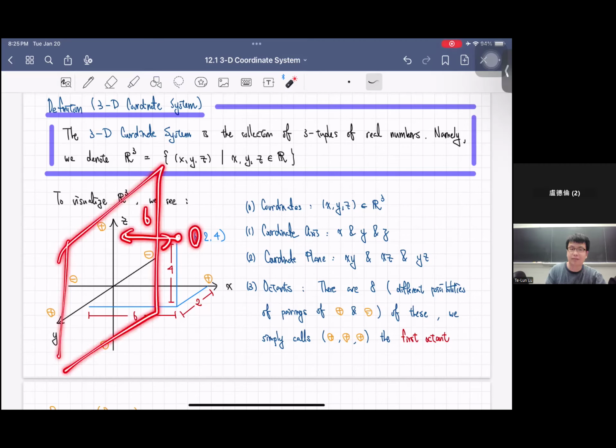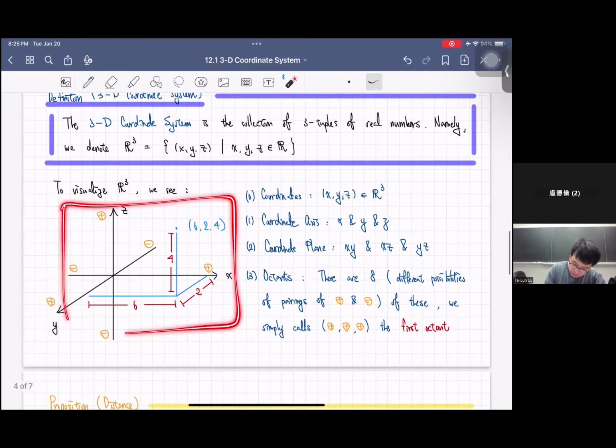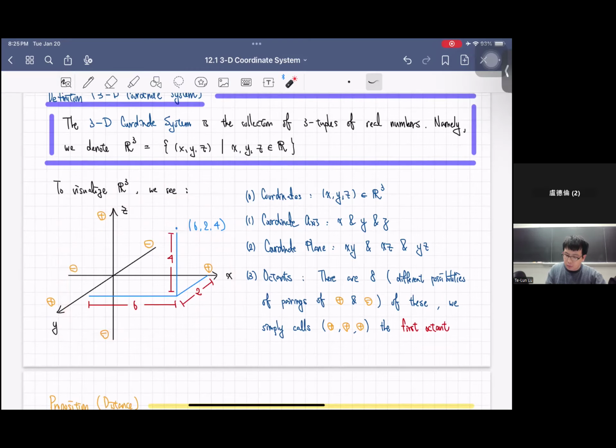Okay, this is 6, right? And similarly, the y-coordinate is the distance of this point to the xz plane. In this case, it is this plane. This is 2, right? Okay, so we now have 3 axes and 3 coordinate planes.